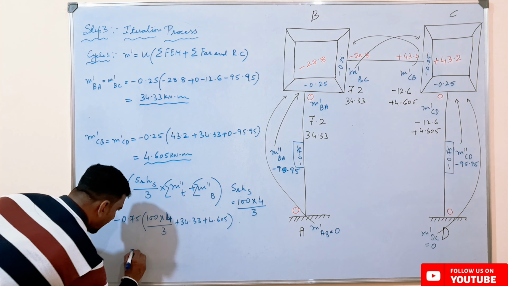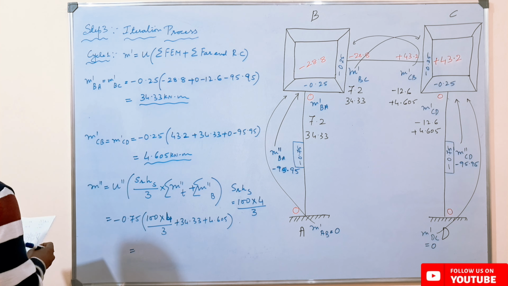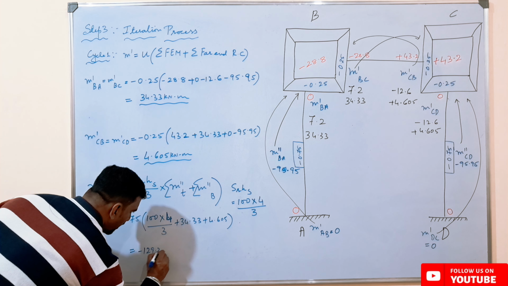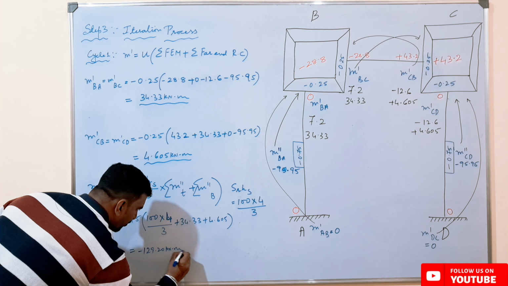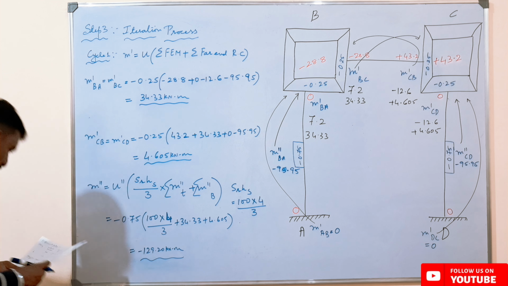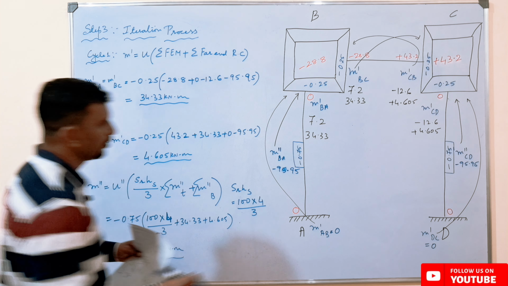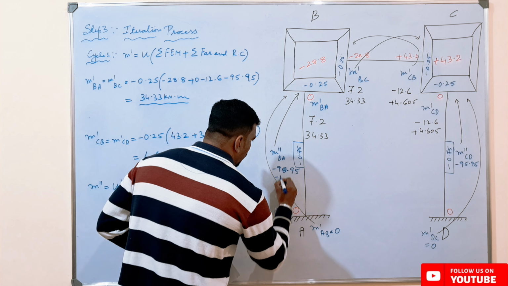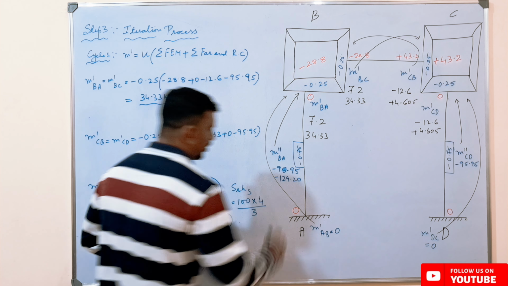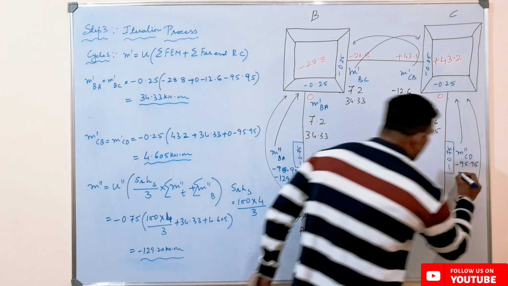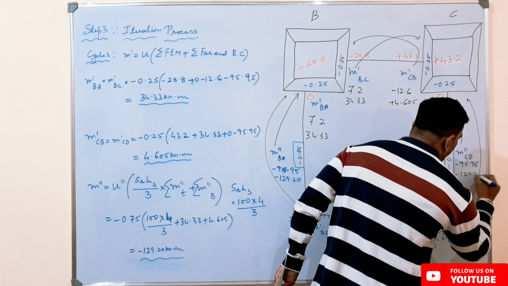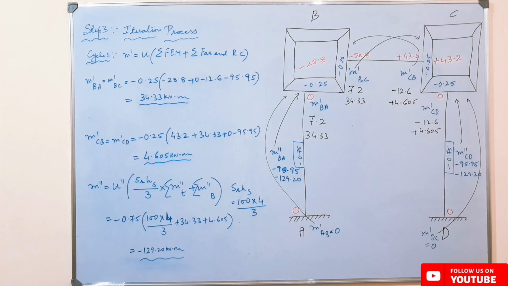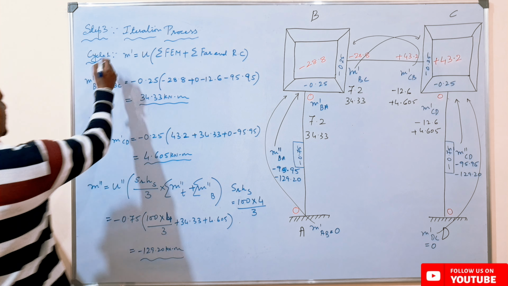So if we calculate, we are having a value of here minus 129.20 kilonewton meters. So this is the value over here. So just put this value over here, that is minus 129.20. So here also minus 129.20 kilonewton meters. So this was the second cycle.